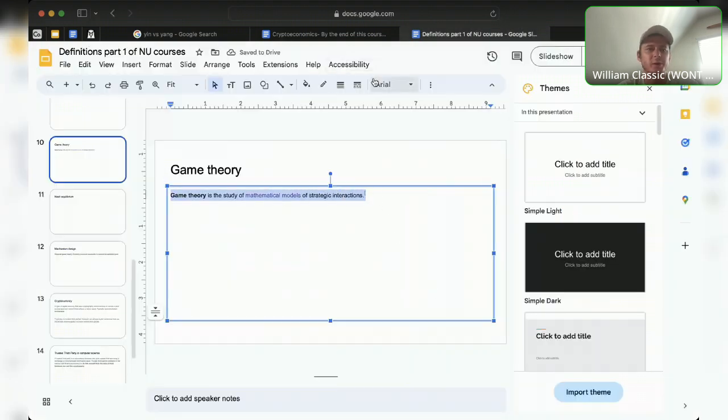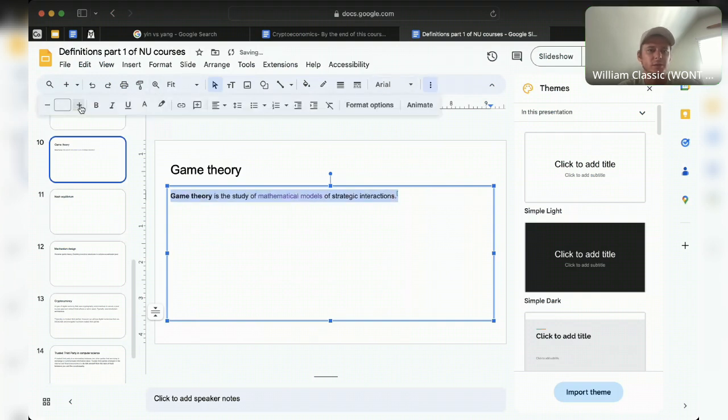It's a great definition, but it doesn't tell you much. Study of mathematical models of strategic interactions.